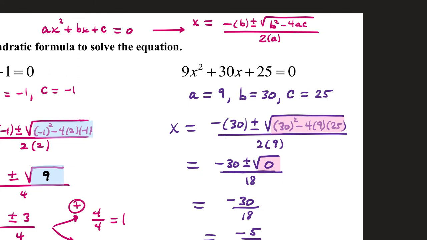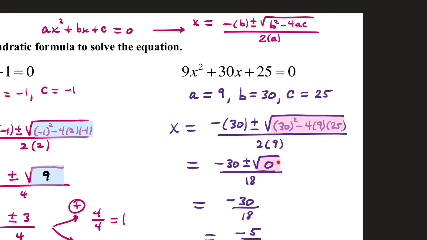Substituting into the quadratic formula, negative b plus or minus the square root of b squared minus 4 times a times c, over 2 times a, 2 times 9. The upper left is negative 30. The discriminant, highlighted in pink, that's 900 minus another 900, 0.